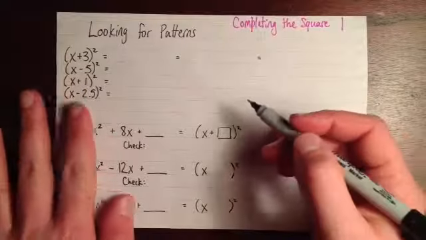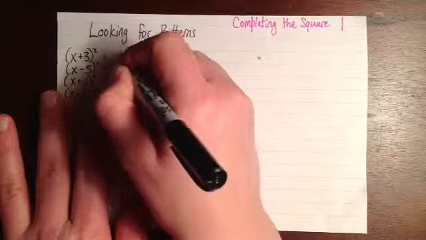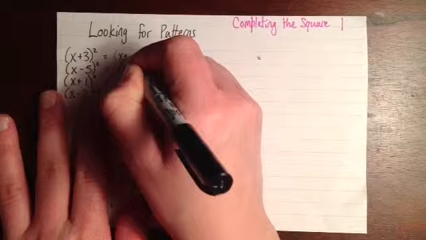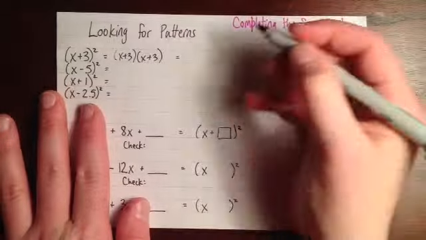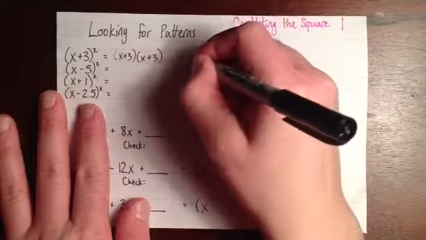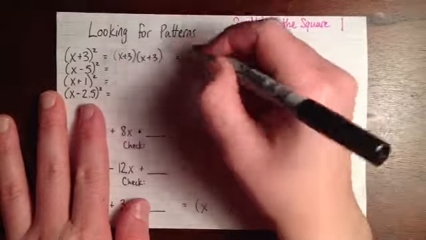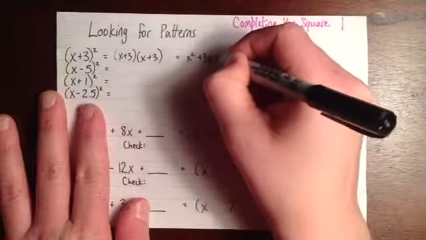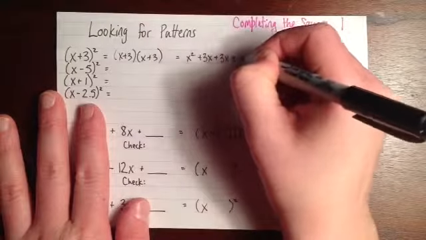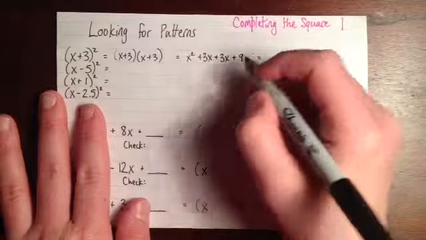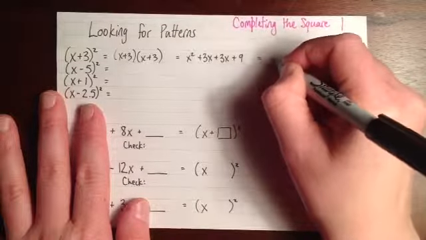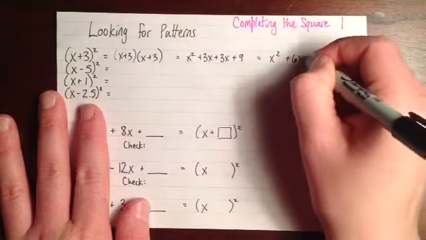So x plus 3 squared, I just wrote a few examples here, is x plus 3 times x plus 3. And if we multiply that out, we get x squared plus 3x plus 3x plus 9. And then I'll just group my x terms. So I have x squared plus 6x plus 9.